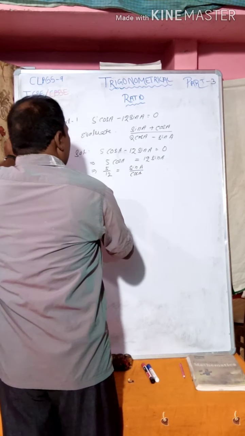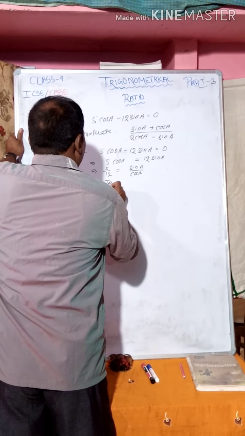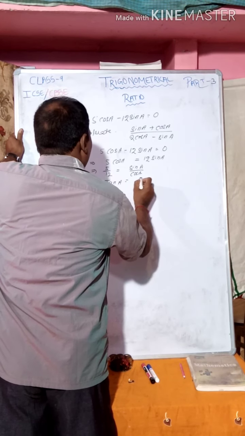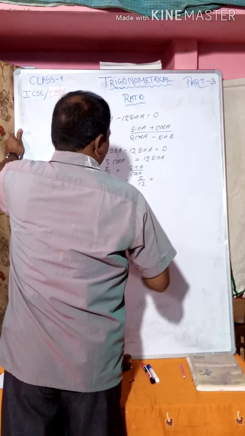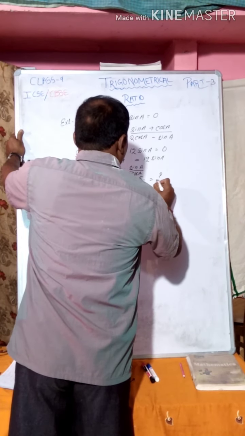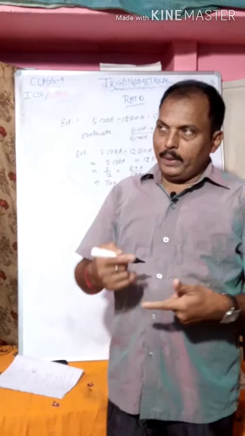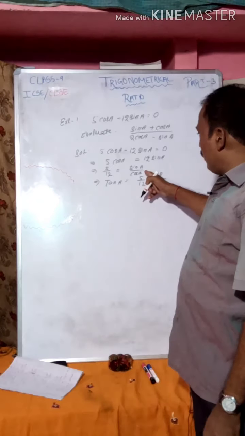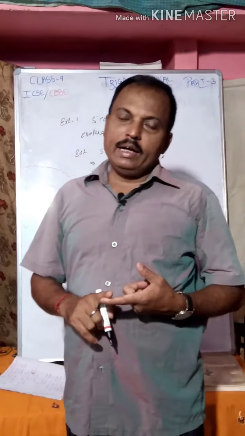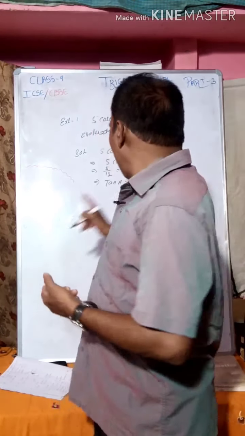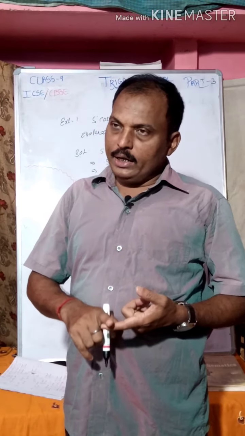We know sin A upon cos A is equal to tan A, so tan A is equal to 5 upon 12, that is P upon B.